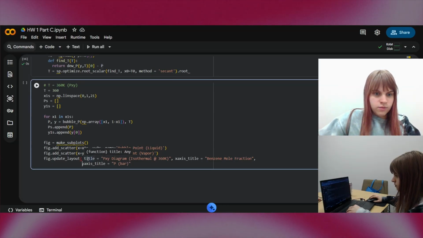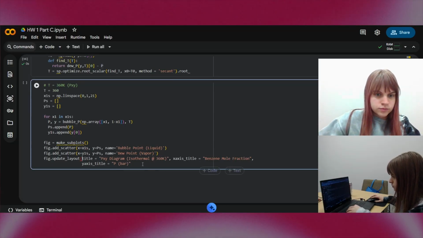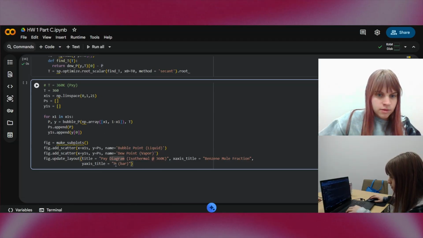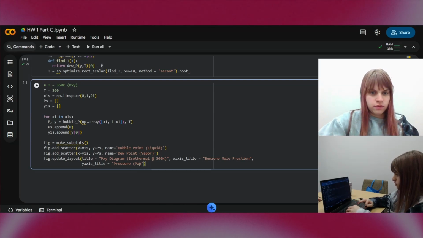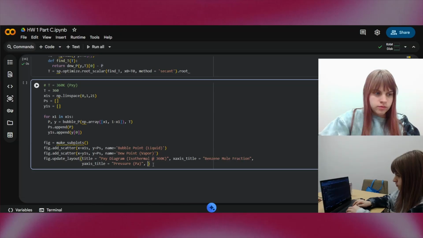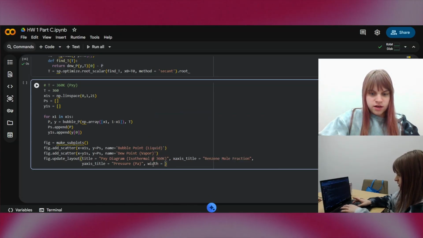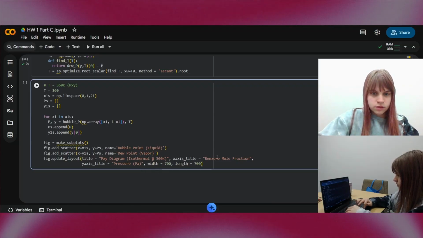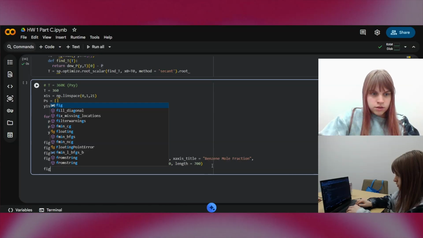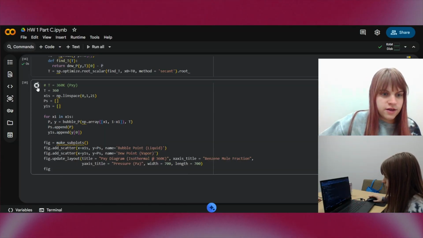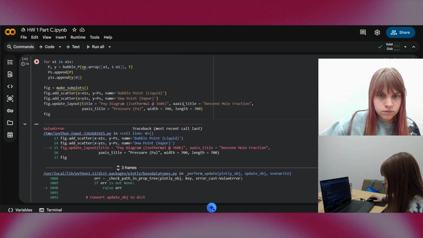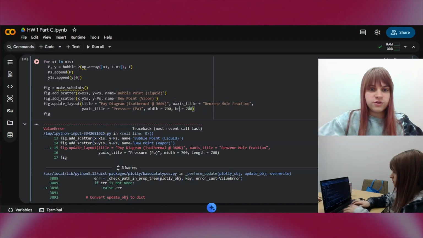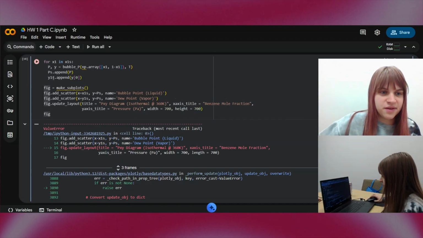I'm going to give the y-axis the title pressure, and this is in pascals. And then I'm just going to set a width and a length, and see if that gives us something. And this totally should be height. I did width, and now I should do height.